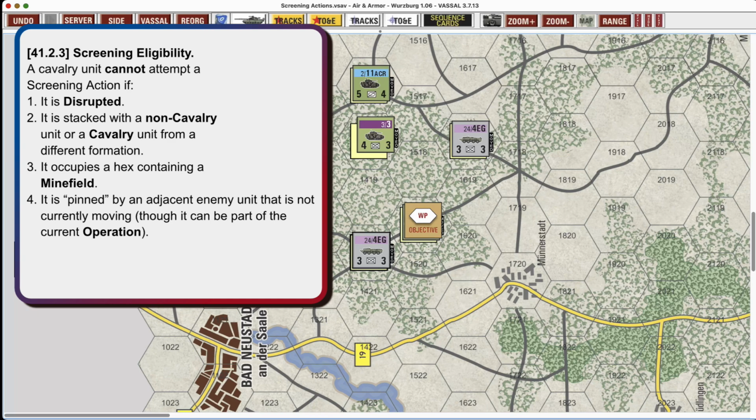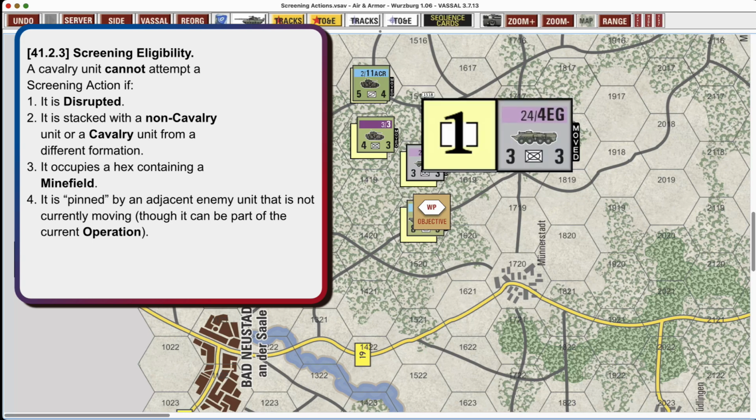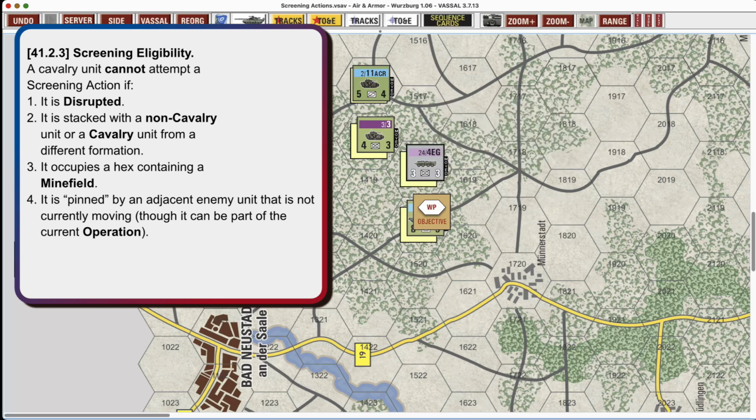On the other hand, if the Warsaw Pact player had chosen to keep this unit here, the presence of an adjacent enemy unit, even one that is in the current operation, prevents this unit from conducting a screening action. Its location is now known, which means that when this second Warsaw Pact unit comes in, this unit is not eligible to screen.